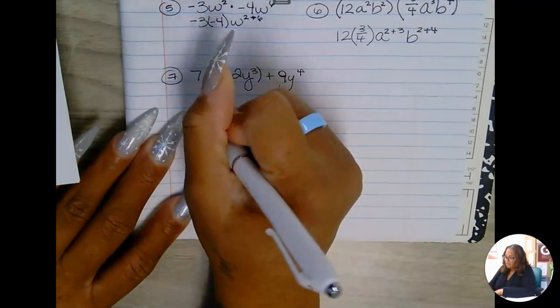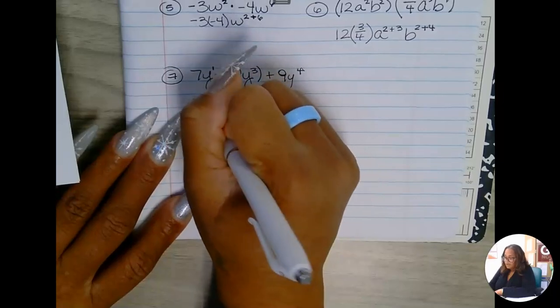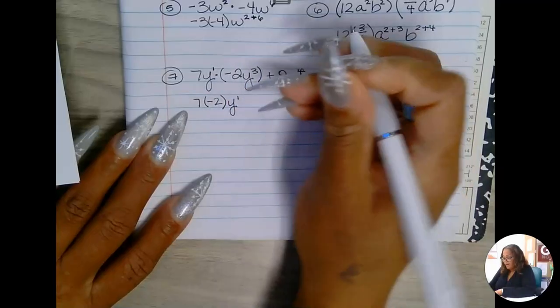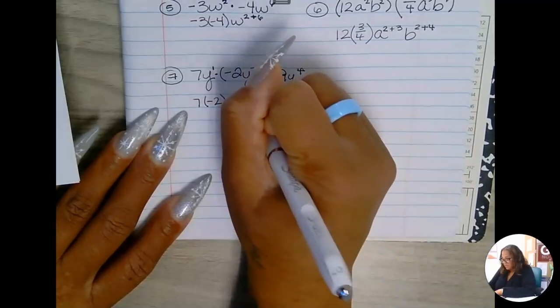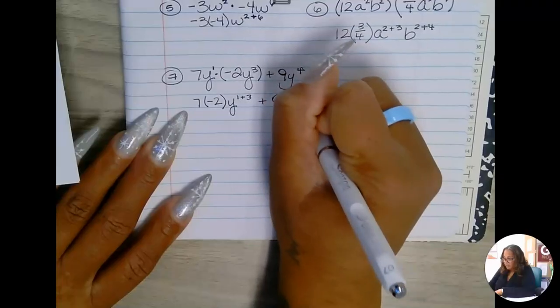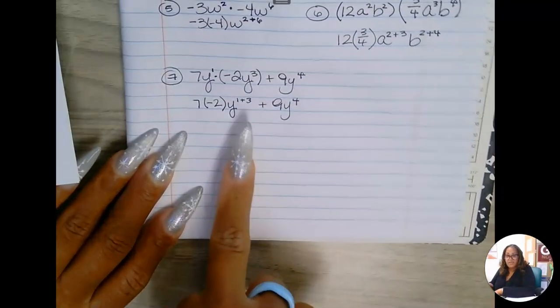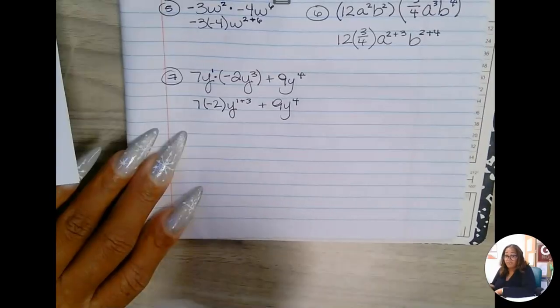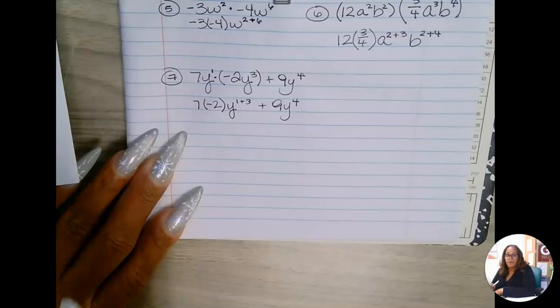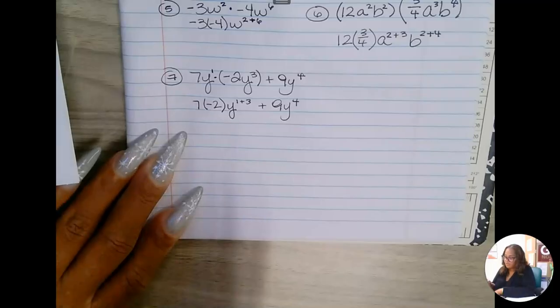So here I'll do 7 times negative 2, then to the y, and then y to the first power plus the third power, and then I will add 9y to the fourth power. This will end up being one term, so you have to put everything together. You have to have the proper exponent for y and the proper coefficient for that y as well.